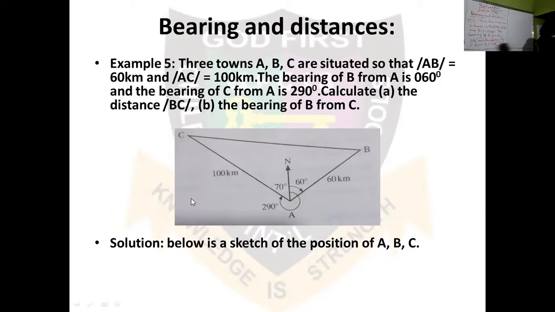Calculate the distance BC, then the bearing of B from C. So you are calculating the bearing of B from C. So let's go back to our board.